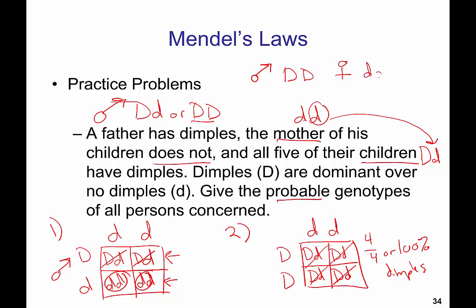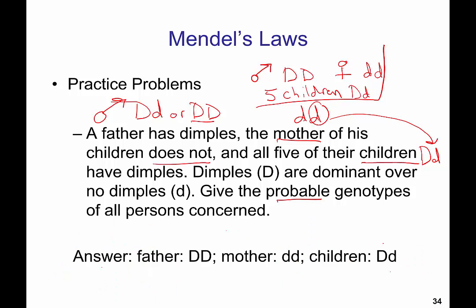She was the easiest one, right? Homozygous recessive. And all 5 children are going to be heterozygous. So here's our final answer. Let's check that. Father, homozygous dominant. Mother, homozygous recessive. Children, heterozygous.